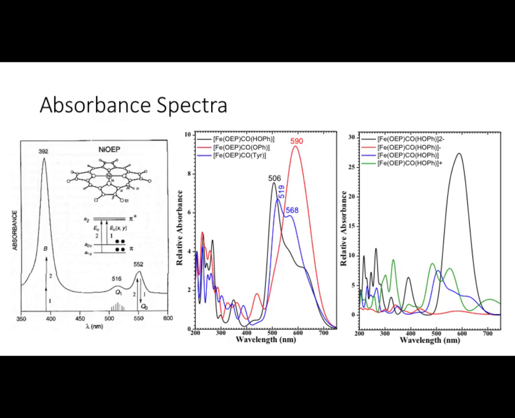But there isn't a whole lot out there drawing parallels between why one Q band is where it's at. Mm-hmm. Experimentally, they basically just say it is here at 552.